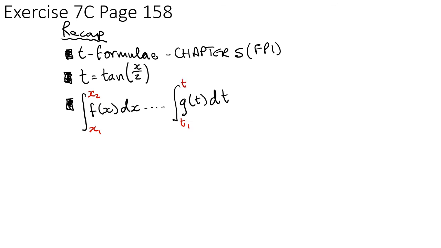And when you substitute the limits, then there's no need to substitute back. Otherwise, you need to substitute back at the end, so whatever substitution you made for t, you need to substitute back. If you do have limits, then you don't need to substitute back. You can just evaluate.